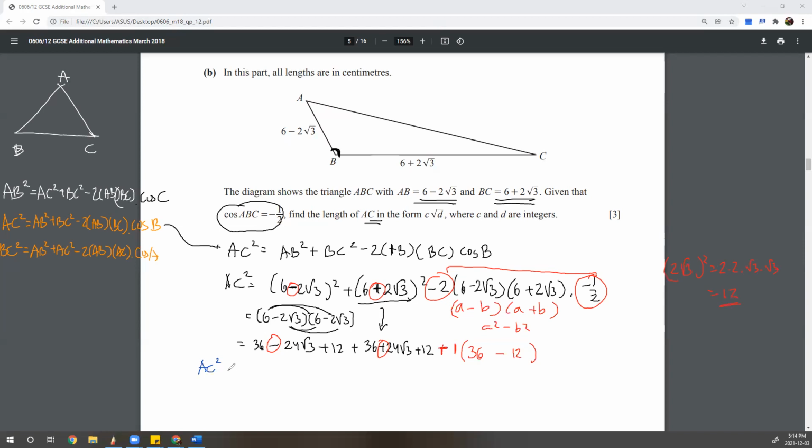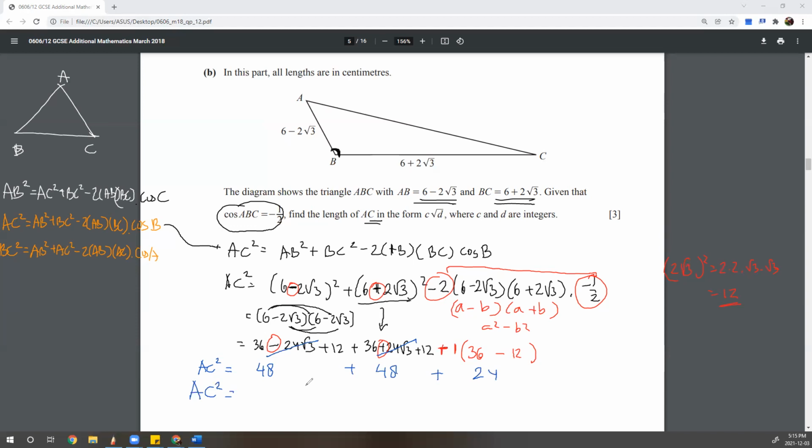Still in terms of square, I can cross this out, and then 36 plus 12 is 48, another 48. 1 times 24. So AC square equals 96 plus 24.